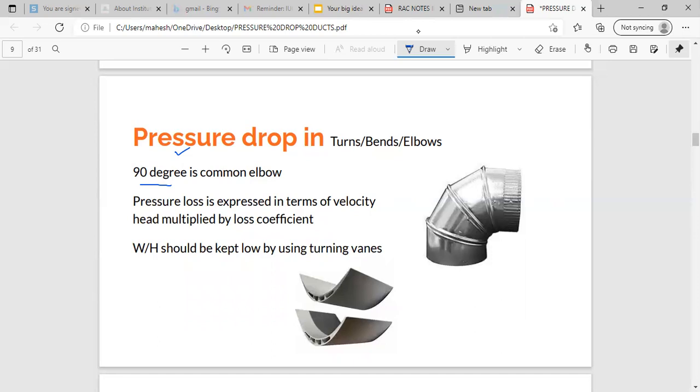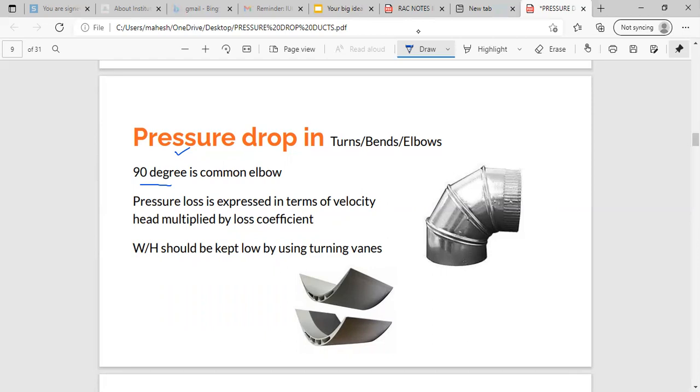And HVAC literature proposes that the pressure loss in an elbow is due to the sudden expansion from the contracted region. Because of this change in direction by 90 degrees, there is a sudden expansion from the contracted region, and as a result there is a pressure loss.